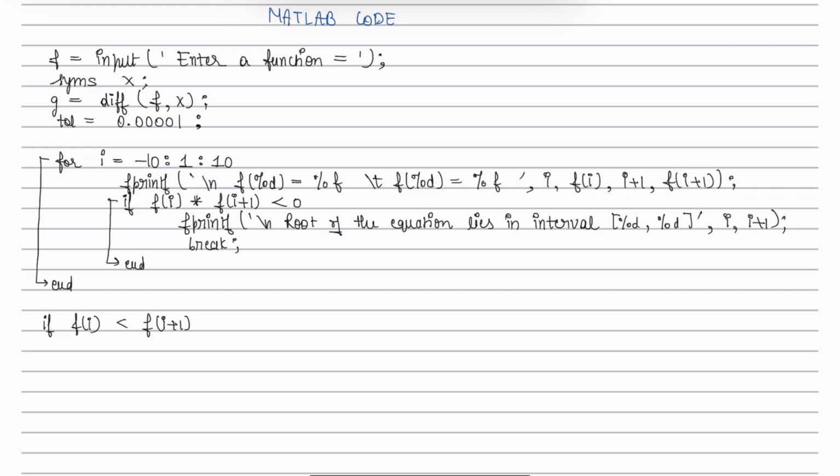If this is true, then it means the function value at I is closer to 0 than I plus 1. So we will take the value of d as I. Otherwise, we will take value of d as I plus 1, and the condition will end here.